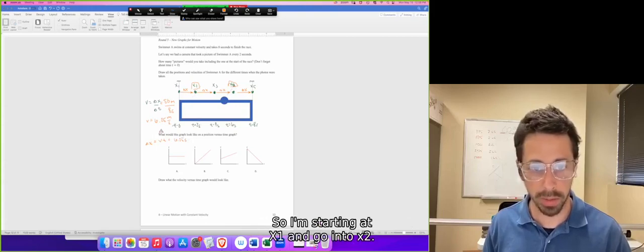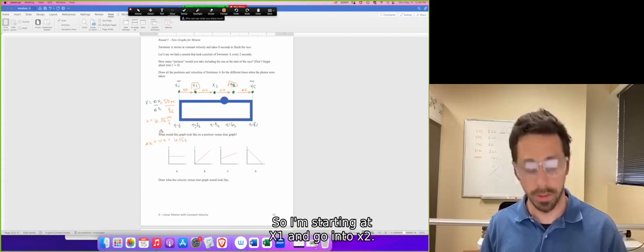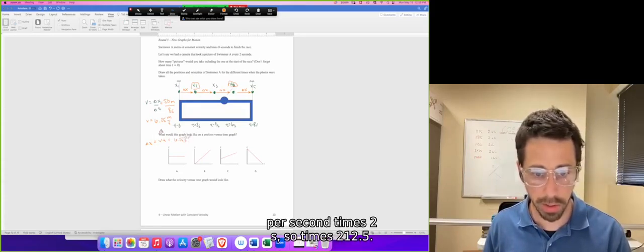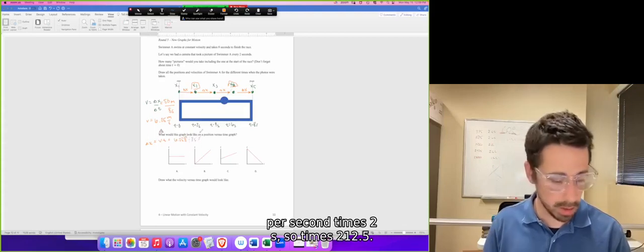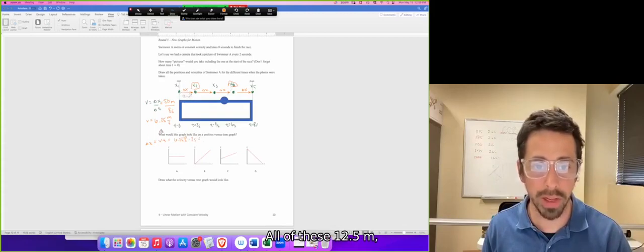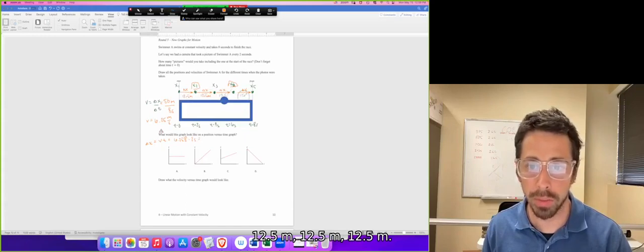Just 2 seconds, right? Because I'm starting at x1 and going to x2. So every 2 seconds, 6.25 meters per second times 2 seconds, 12.5. All of these are 12.5 meters.